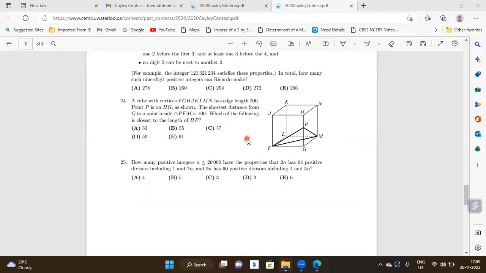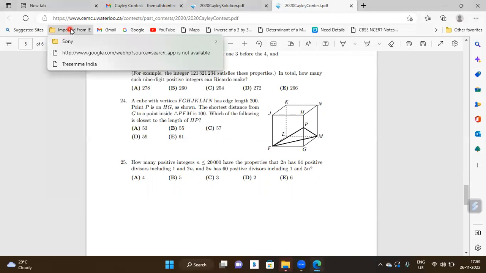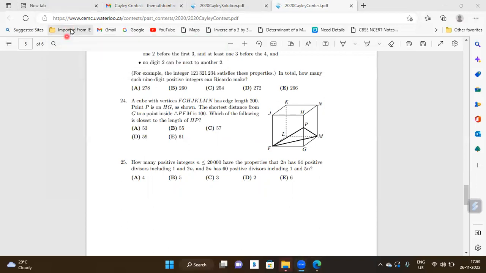Okay. That's it. Yes. Very good. So this is your tetrahedron.